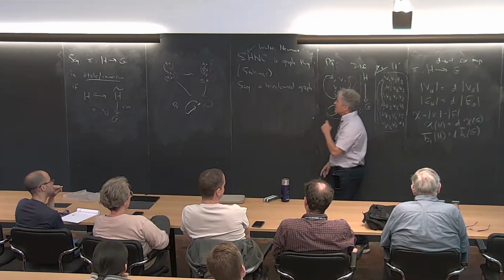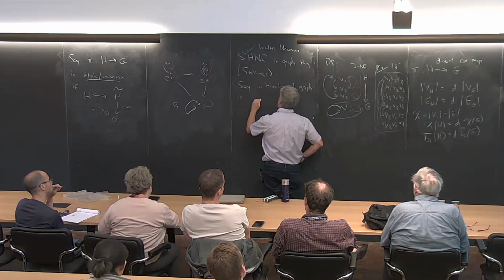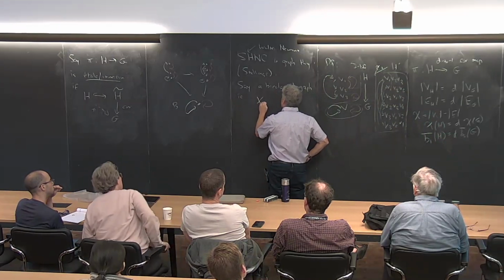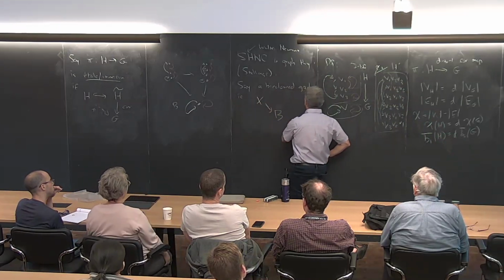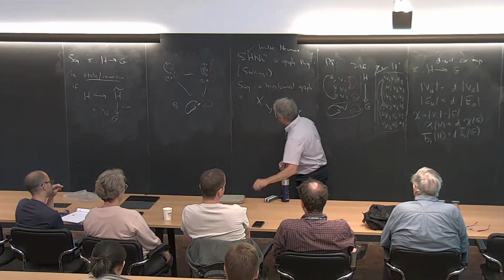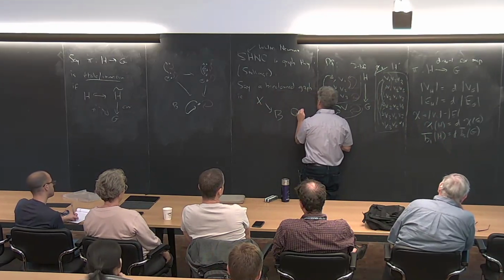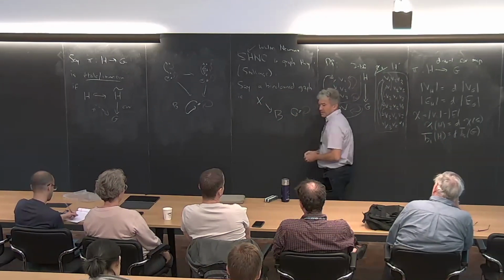So let's say a bicolored graph is just a map on the graph X to B, where this is going to be our favorite base graph. Like this.